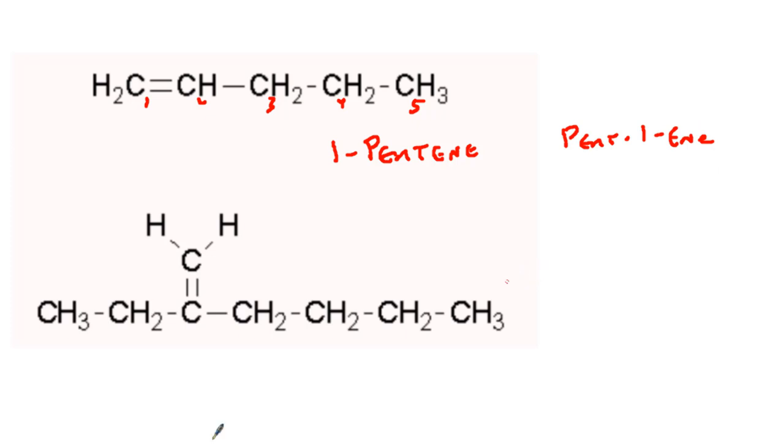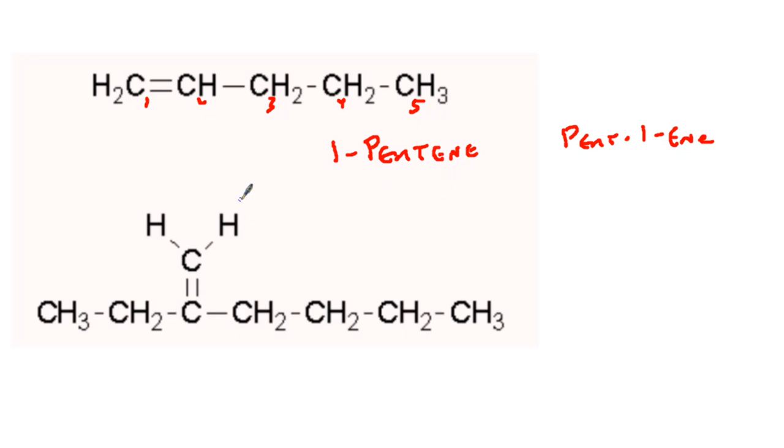Okay? Let's take a look at this. Now, this one, you can see, there's a question. Where's our parent chain? Is our parent chain this 1, 2, 3, 4, 5, 6, 7? Or is my parent chain 1, 2, 3, 4, 5, 6? Now, if you answer that question yourself, you'll probably say 7, because the 7 is longer than the 6.